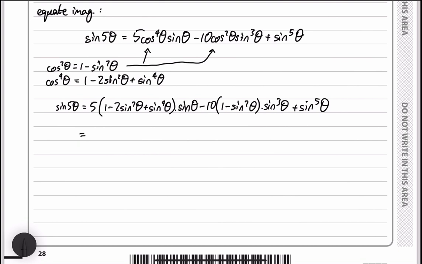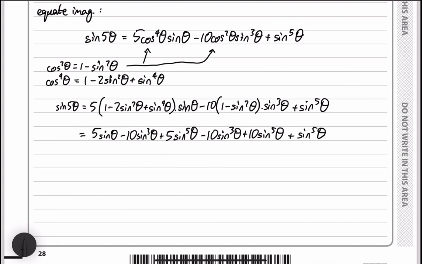So we've got 5 sine theta minus 10 sine cubed theta plus 5 sine power 5 theta minus 10 sine cubed theta plus 10 sine power 5 theta plus sine power 5 theta.